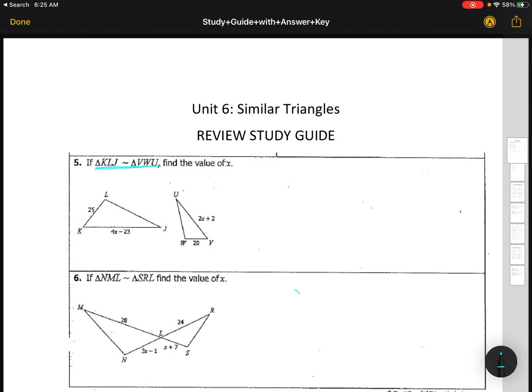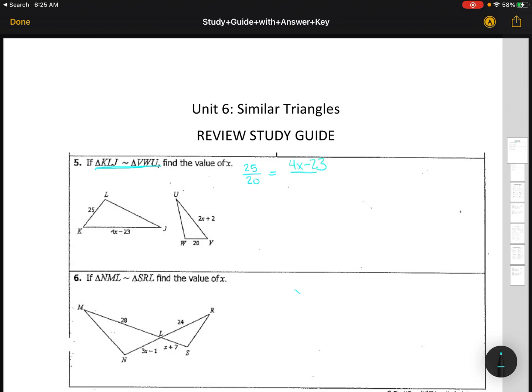That helps us make our ratios. So we have KL is proportional to VW if we look at the similarity statement. So that's going to mean 25 divided by 20 equals KJ is proportional to VU.